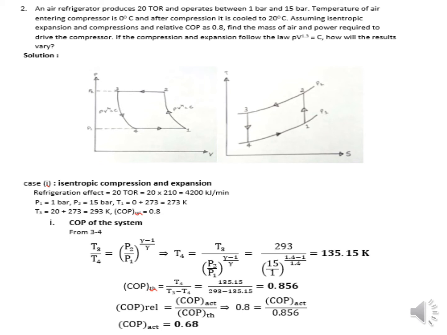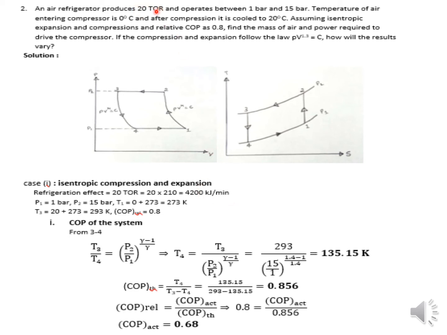An air refrigerator produces 20 tons of refrigeration. So what we have done: 20 tons of refrigeration, how to convert into kilojoules per minute? Into 210 kilojoules per minute, because 1 ton of refrigeration is equal to 210 kilojoules per minute. So 20 tons means 4200 kilojoules per minute.